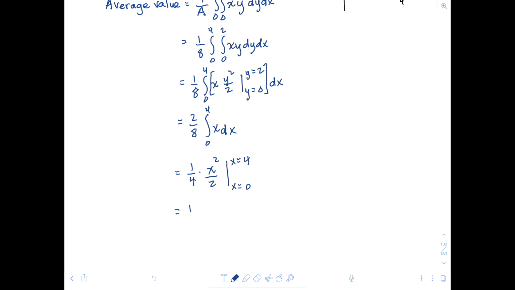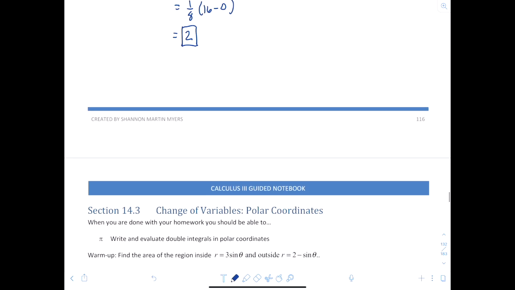So 1/8 times 4 squared is 16 minus 0 squared. So we would end up getting 2. So the average value is 2. Groovy?